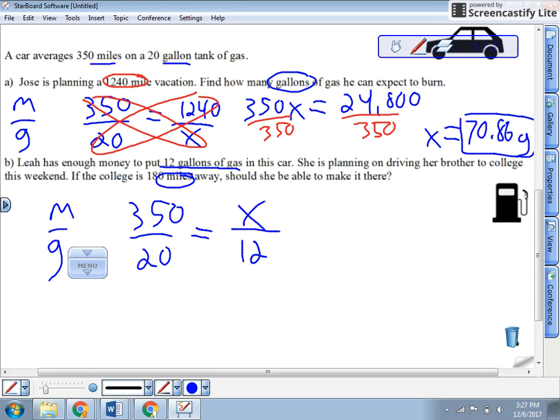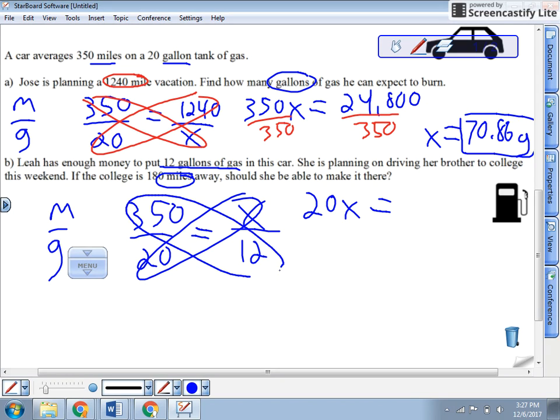We cross multiply once again: 20x and 350 times 12, which is 4,200. Use those calculators. When you divide that out, you get x equals 210 miles. So she has enough to get 180 miles away. Yes, she's going to make it.